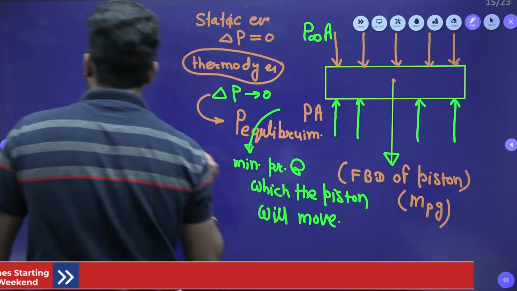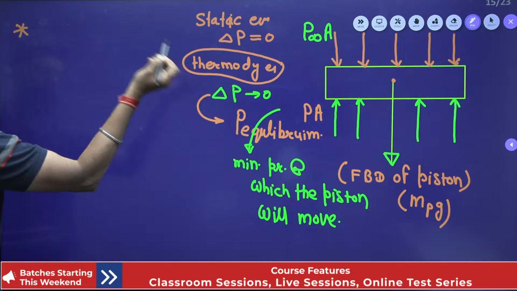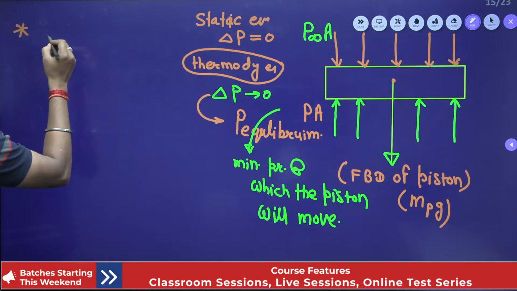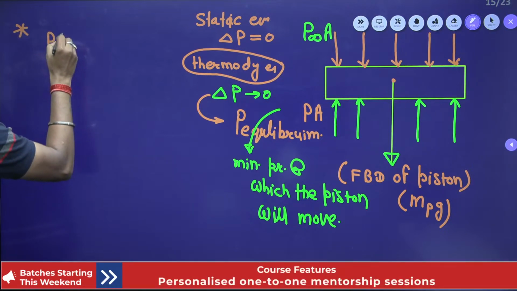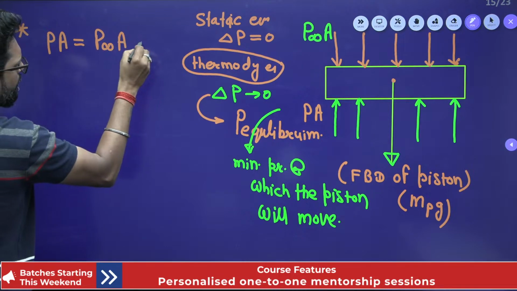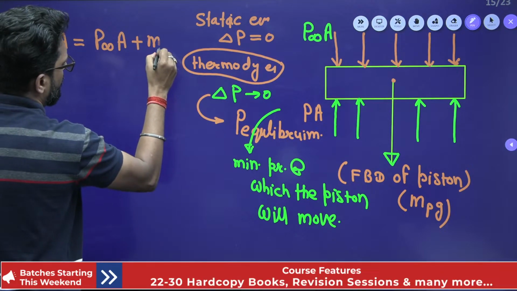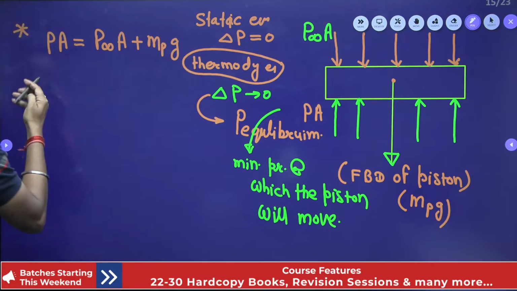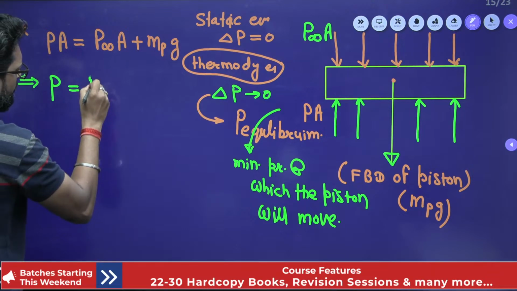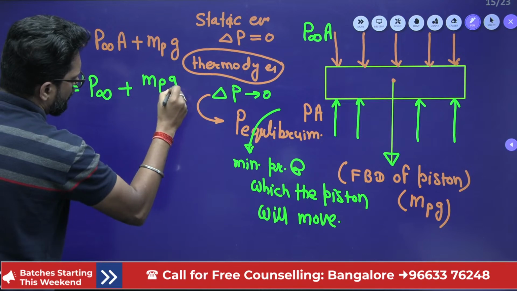If there is equilibrium, net force is 0 in the y direction. That means PA is equal to P infinity A plus the force, mass of the piston into g. Now the pressure is P infinity plus mass of the piston into g divided by A.